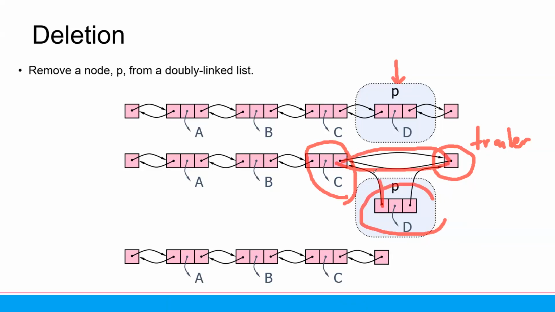All the links from P will be removed, and after that, we can remove this node.